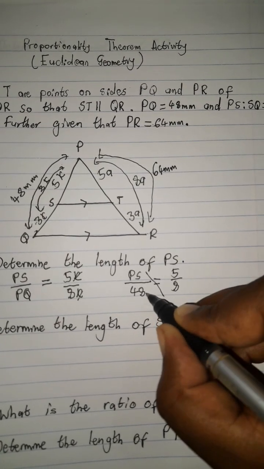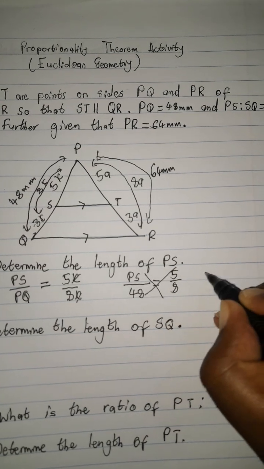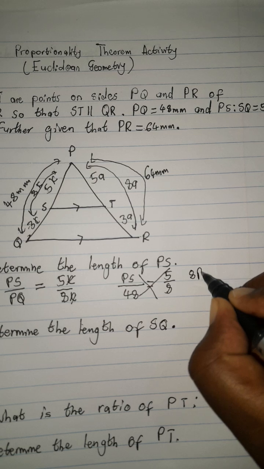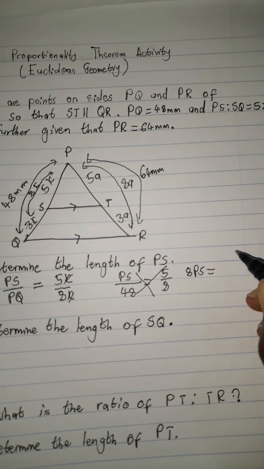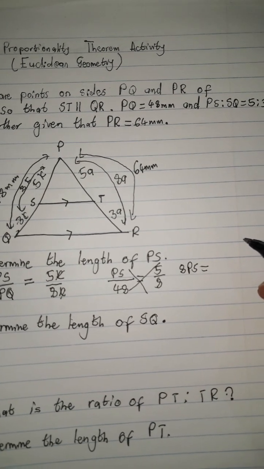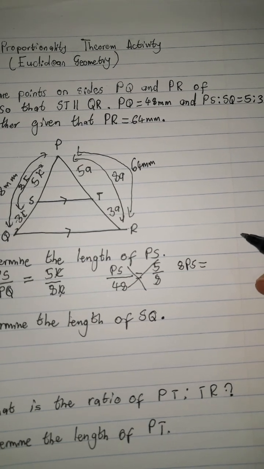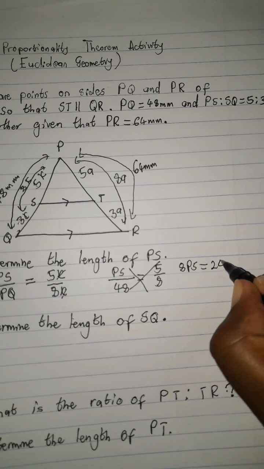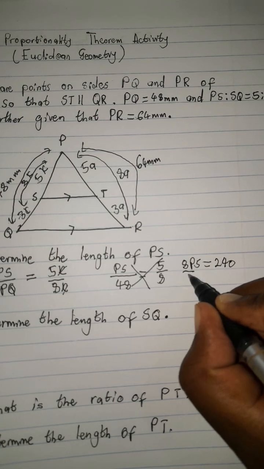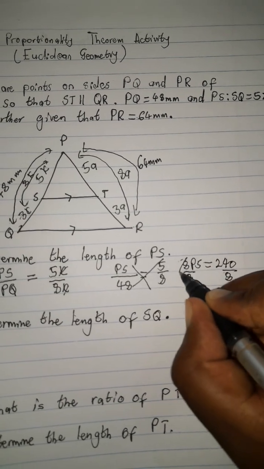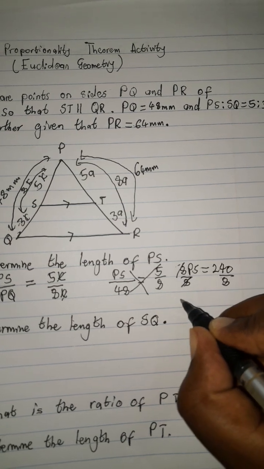Then we are going to have 5 divided by 8. Then we cross multiply for us to get PS. So 8 multiplied by PS is 8 PS. Then we also have 48 times 5, which is 240. We'll then divide by 8, and the 8s cancel.